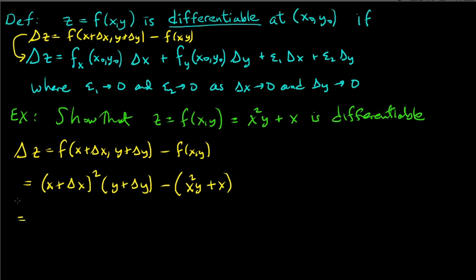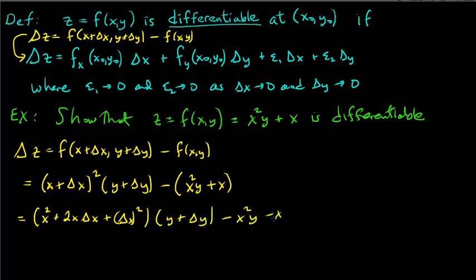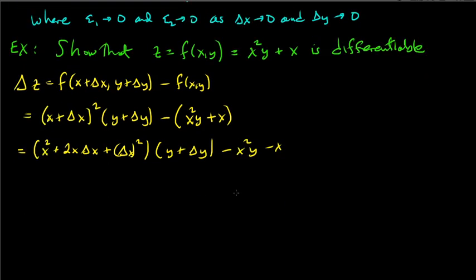Okay, so now we're going to have to multiply all this out, and let's go step by step here. We get x squared plus 2x delta x plus delta x squared, and then times y plus delta y minus x squared y minus x. And now we multiply all this out.